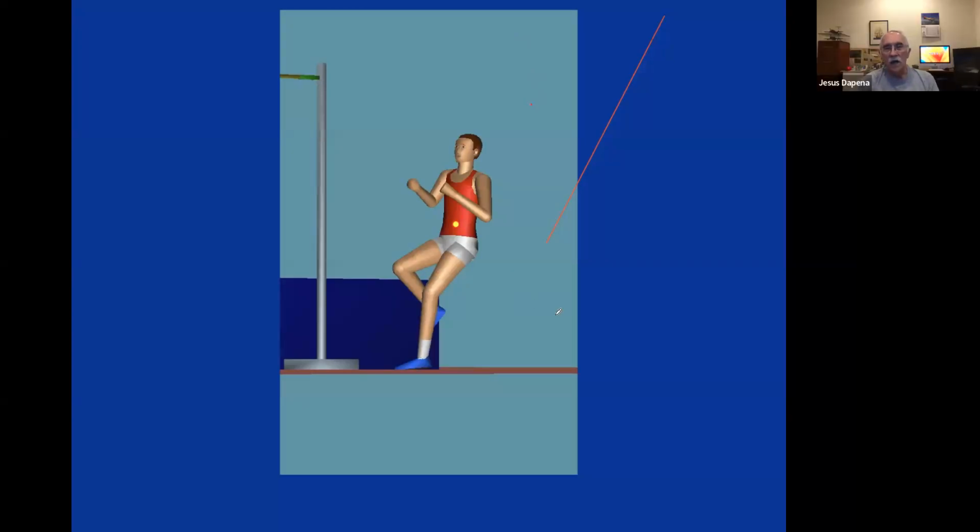So here's a high jumper in the middle of the takeoff phase. And how is this jumper going to produce this counterclockwise, forward somersaulting angular momentum? Well, he will produce it by pushing on the ground forward and downward. So this is the force that the foot makes on the ground.